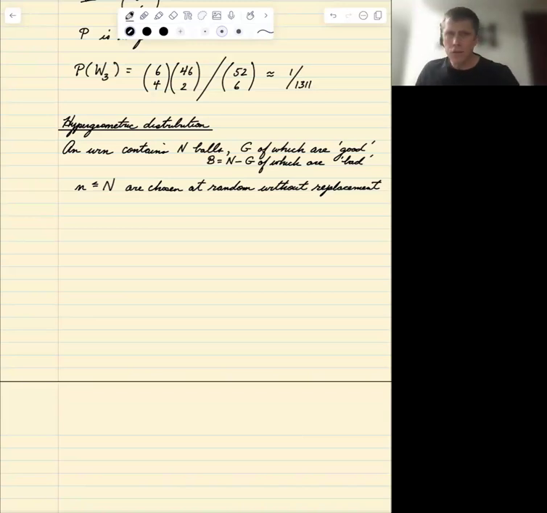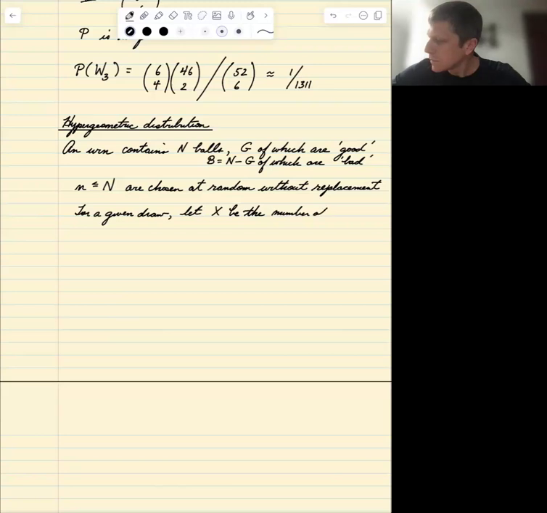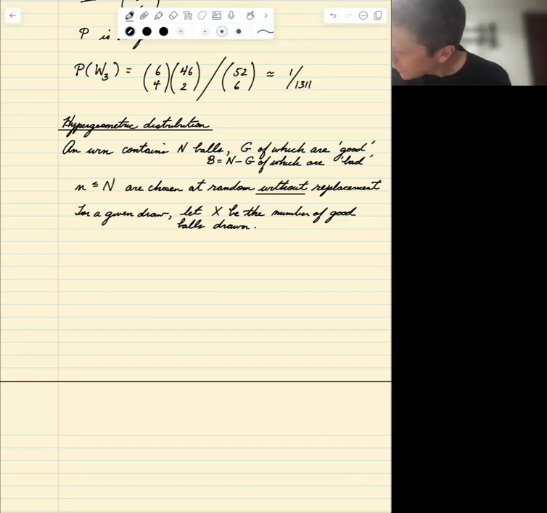So now for a given draw, we're going to let capital X be the number of good balls drawn. Without replacement. So let's emphasize that. Okay.